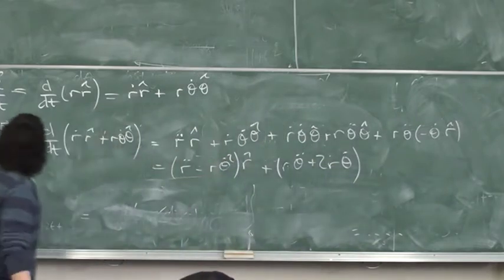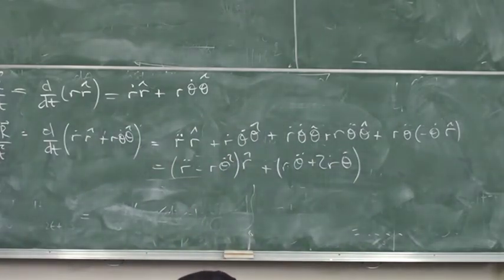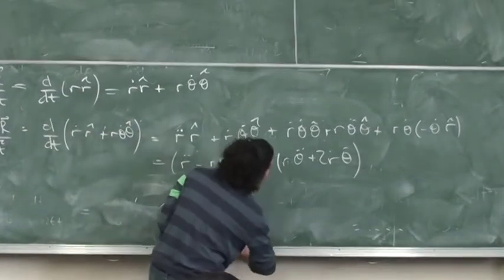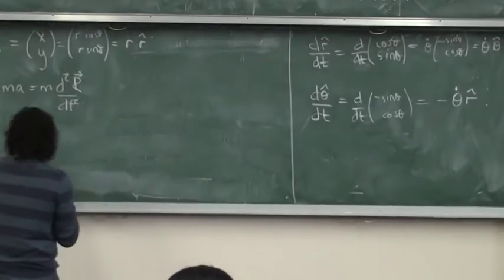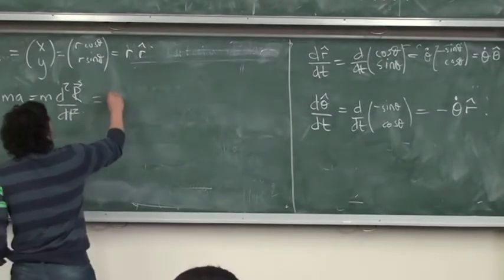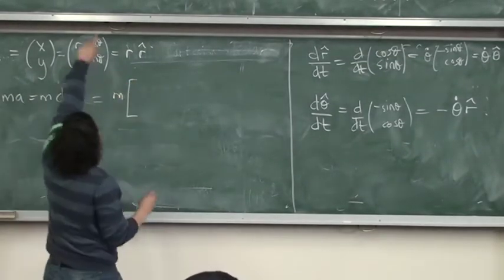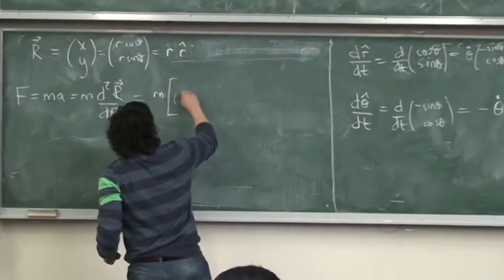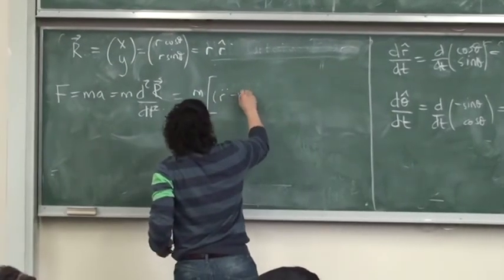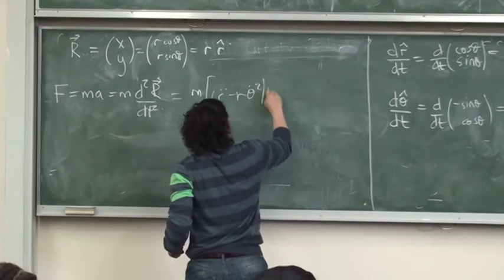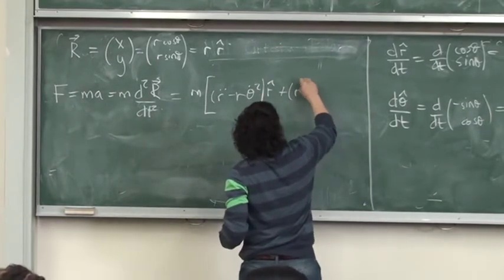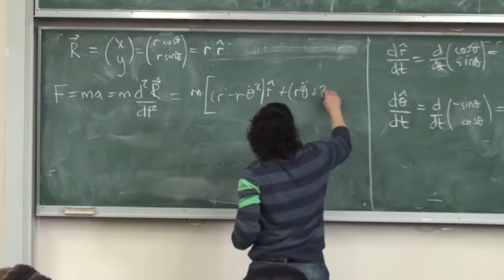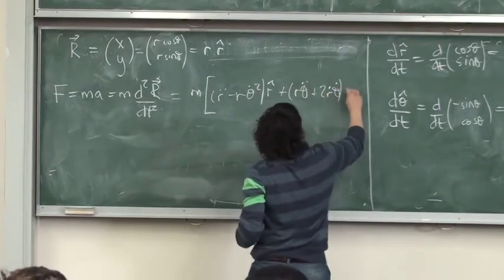Right, that's the second derivative. Let's substitute it back in there so we can get the full force. So, this is Newton's laws in polar coordinates. M times that thing: R double dot minus R theta dot squared, R hat, plus R theta double dot plus 2 R dot theta dot, theta hat.